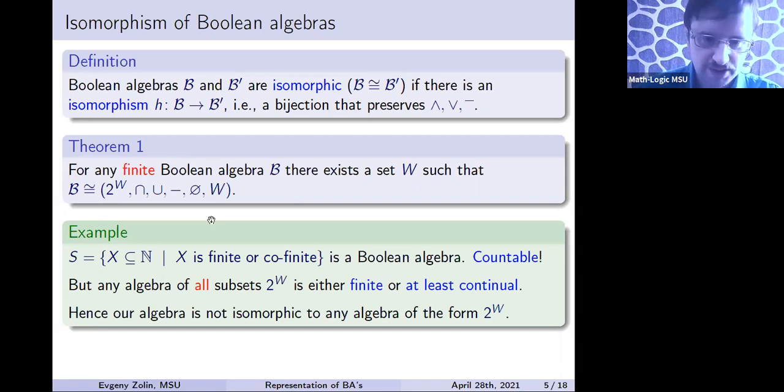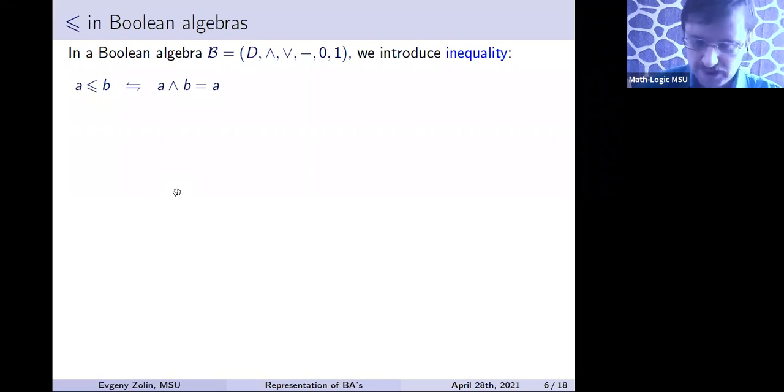Stone has proved a similar theorem for arbitrary Boolean algebras, but of course we need some changes here. Okay, so firstly we introduce the inequality in our Boolean algebra. A is less than or equal to B if the intersection is A. Equivalently, if the union is B. You can easily prove from the axioms of Boolean algebras that these two conditions are equivalent.